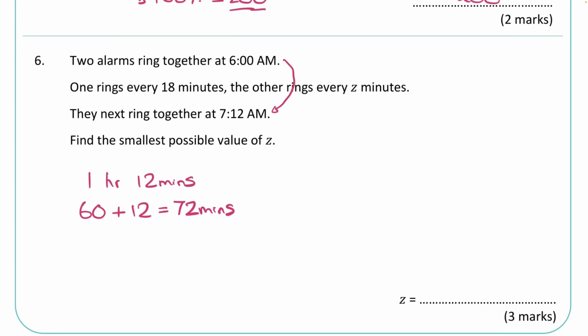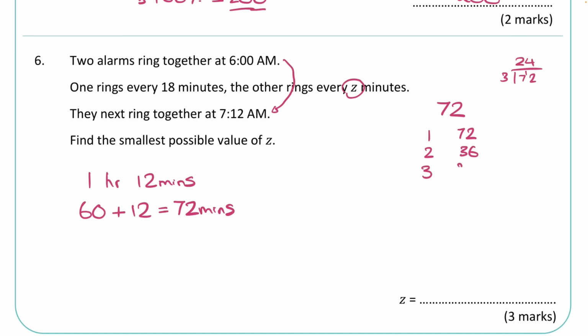Now, whatever number this Z is, it has to be a number which fits perfectly into 72, or a factor of 72. So if I write out the factors of 72, it'll have to be one of these numbers. 2 and 36. 3 goes into 72. Again, you can always just do these quickly to the side. It goes in twice, 24 times.